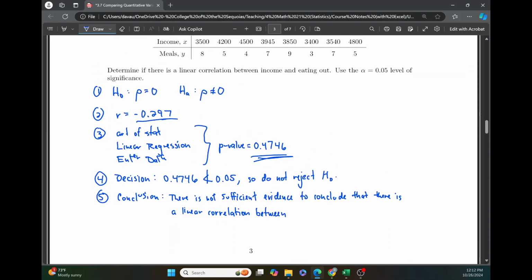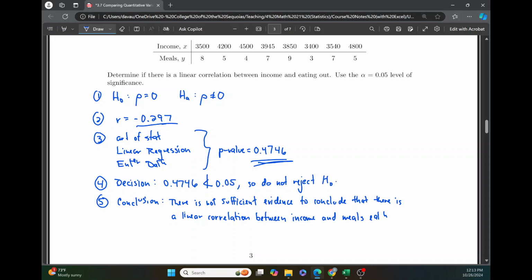Between income, okay, between income and meals eaten out.